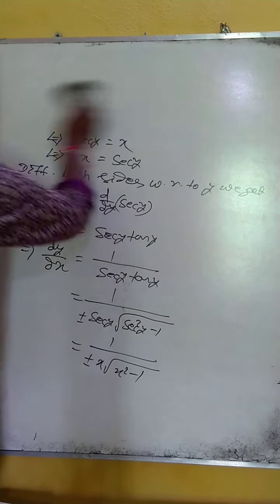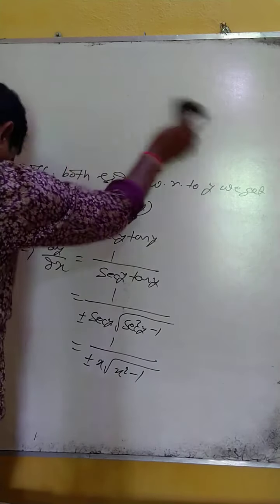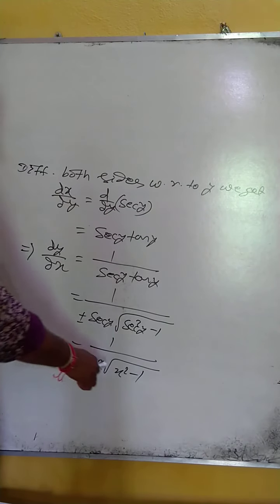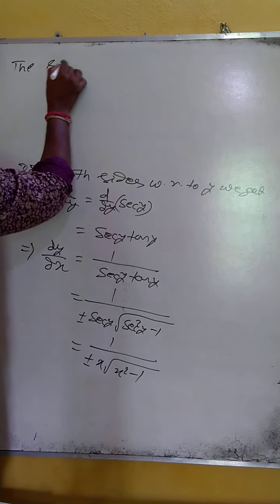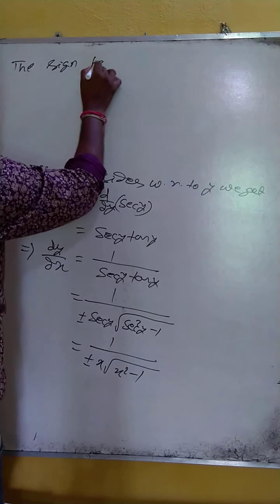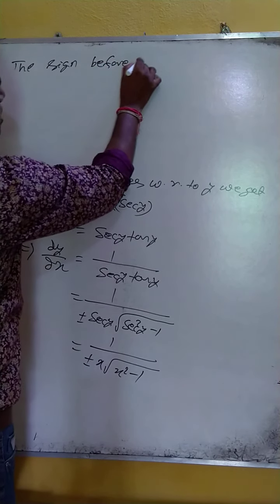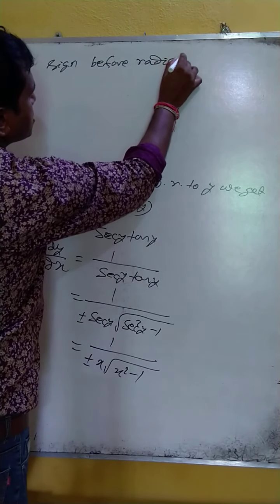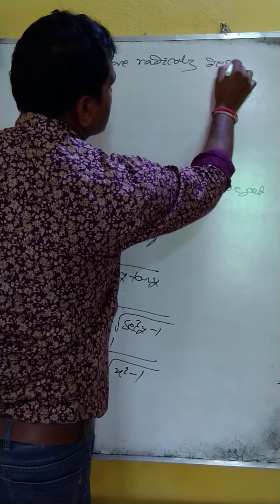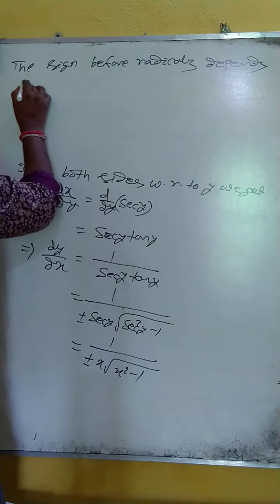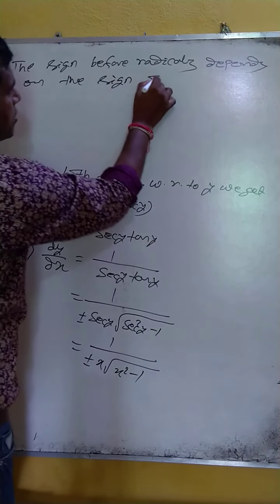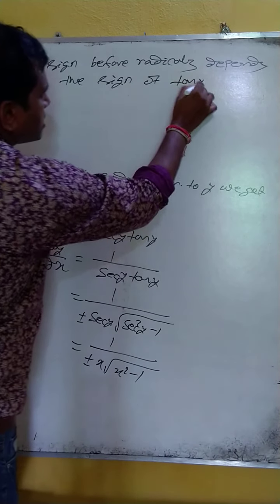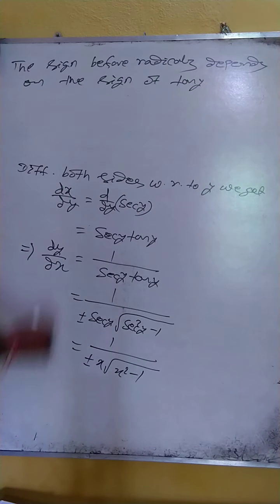The sign before the radicals, meaning the root over, depends on the sign of tan y.